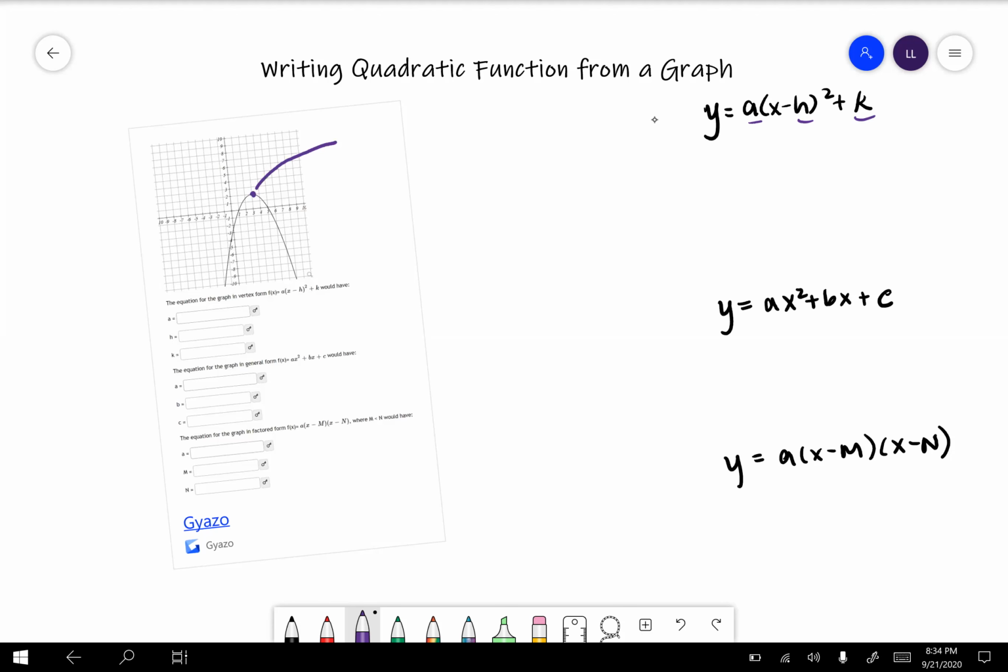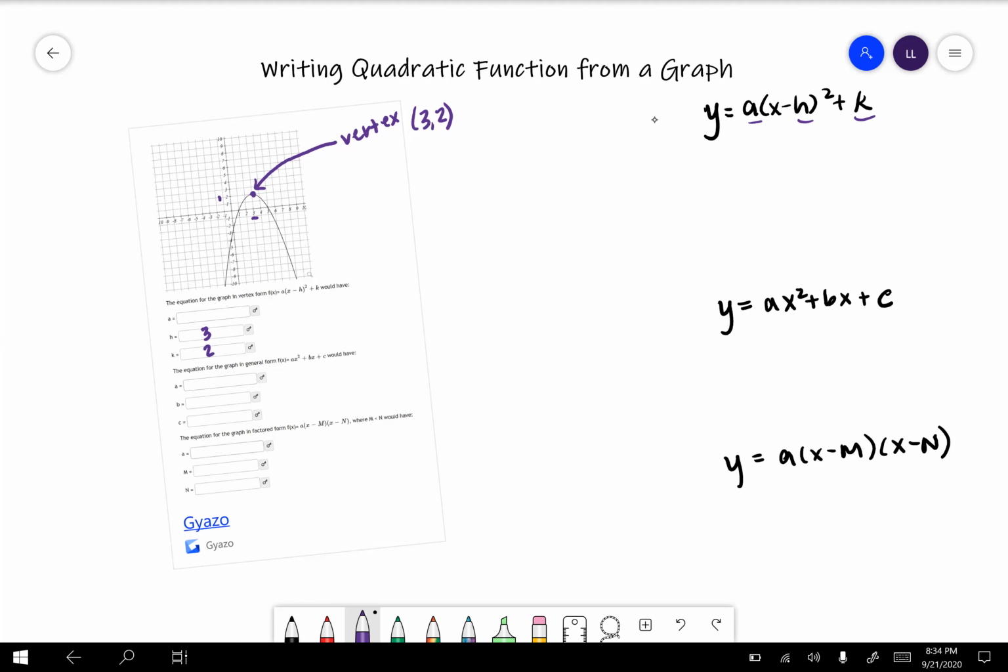My vertex is here at this location, and that value is 3 and then 2. So my vertex is (3, 2). The 3 is a positive 3, and 2 is the y coordinate. Now the question is, what is A?